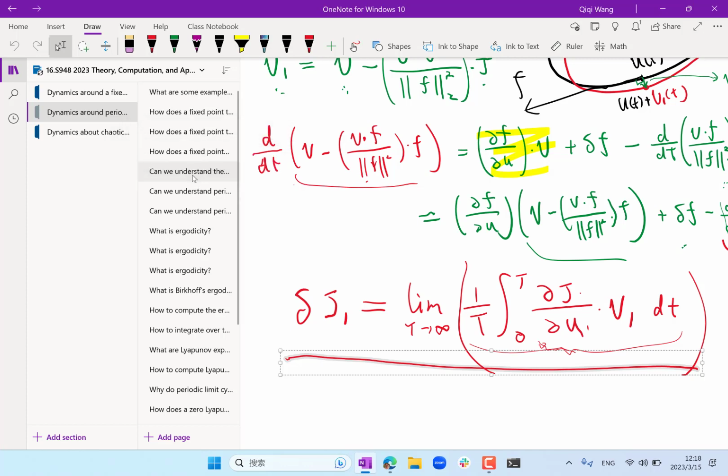So we have looked at the Poincare sections, which for two-dimensional periodic systems are essentially one-dimensional maps. And how do we understand the periodic system from that point of view? We looked at the concept of ergodicity, which allows us to translate back and forth between time average and a phase space average with the ergodic probability measure.